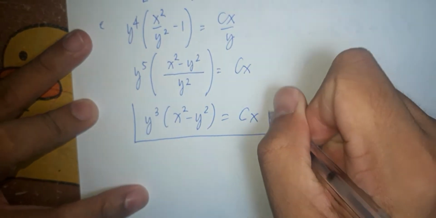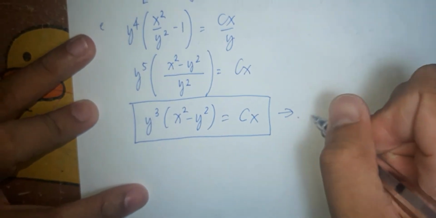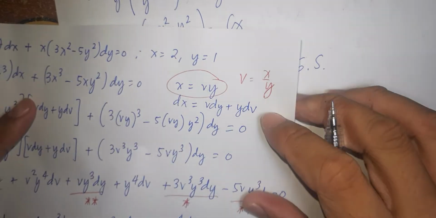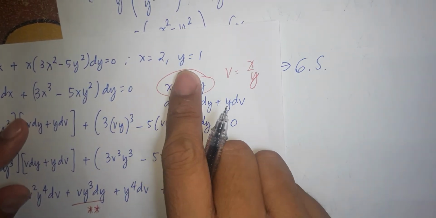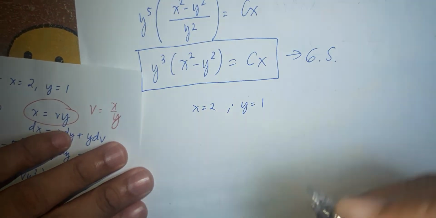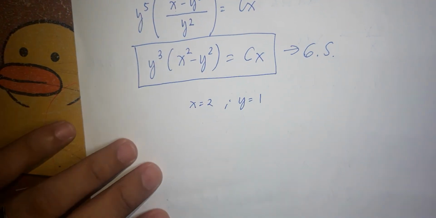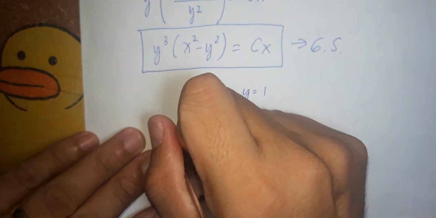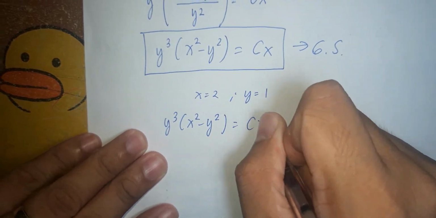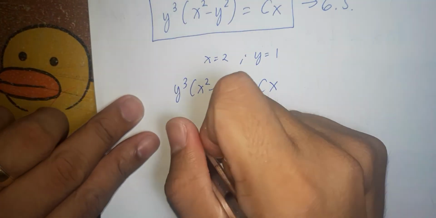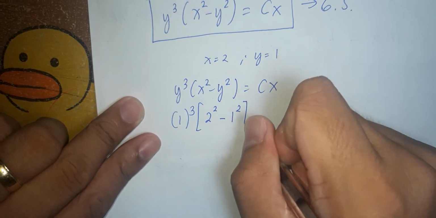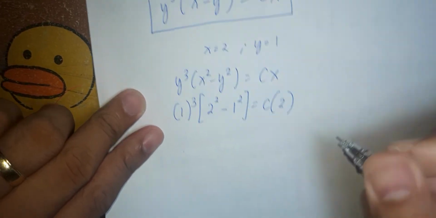So this is therefore ang ating general solution. But since meron tayong initial condition given that when x is 2, y is equal to 1. So let us try to substitute. Y cubed times the quantity x squared minus y squared is equal to cx. Substitute natin. 1 cubed, 2 squared, 1 squared, c times 2.